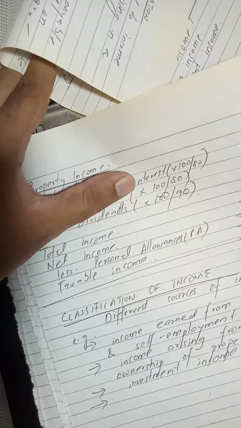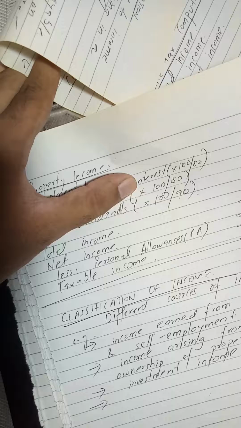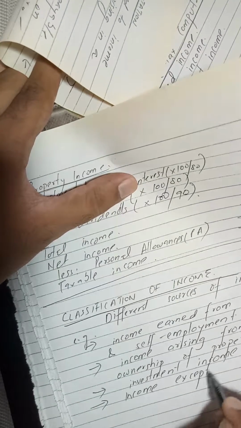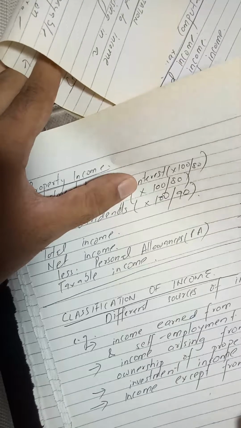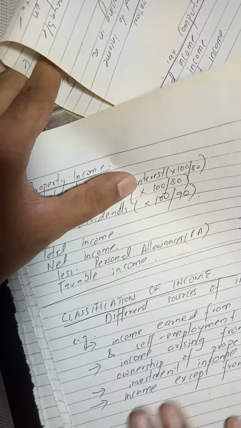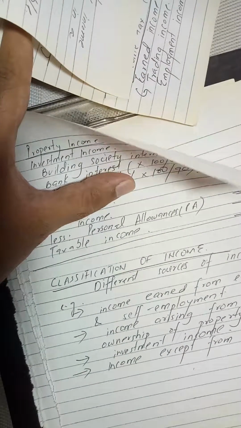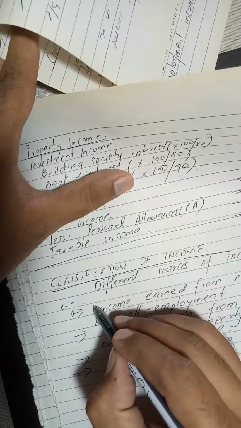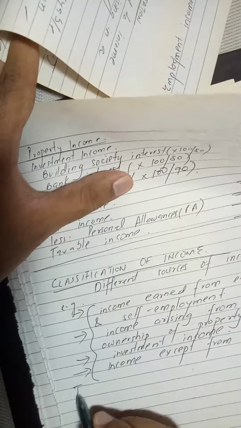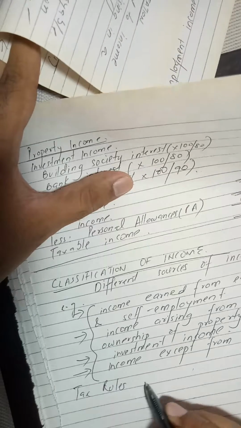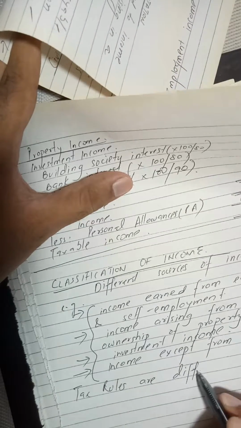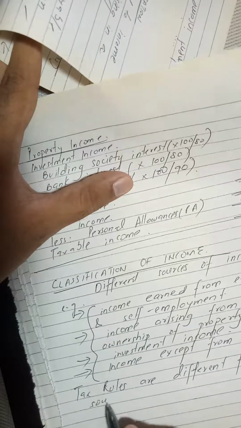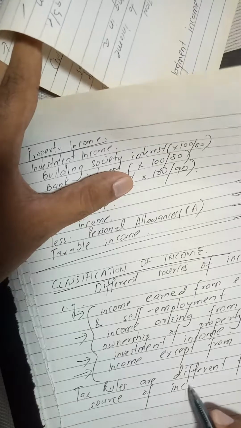Obviously you can have the income in the form of dividends. Income exempt from income tax is also a source of income as well. Tax rules are normally different for each source of income.